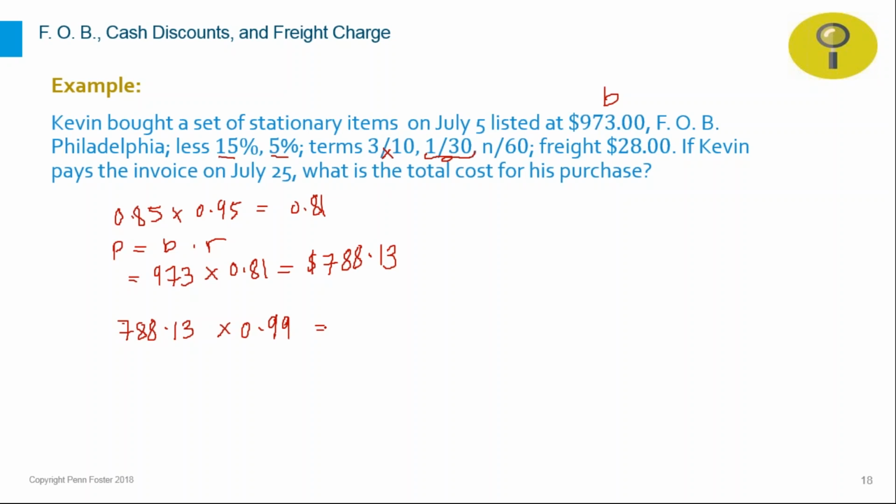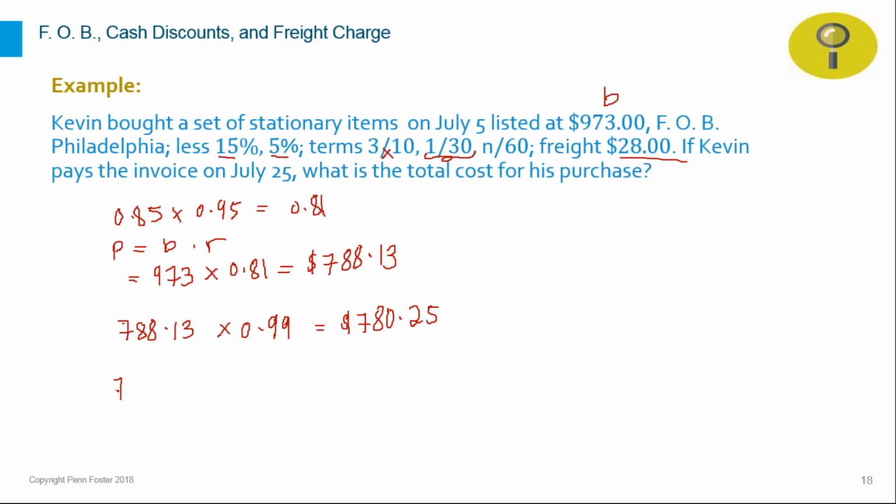And that will give me the selling price after the 15%, the 5%, and the 1%. Multiply, and that will give you $780.25.